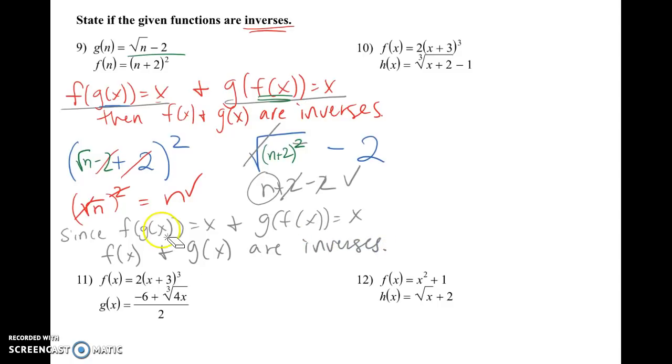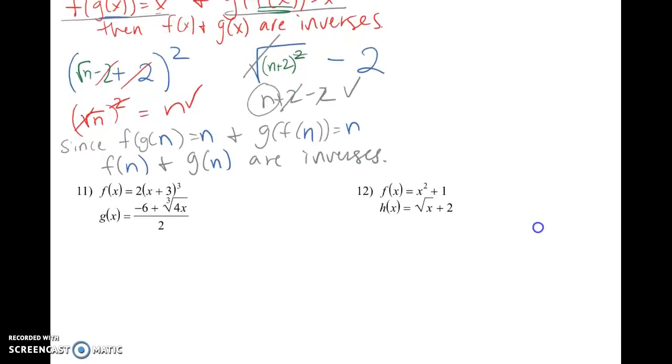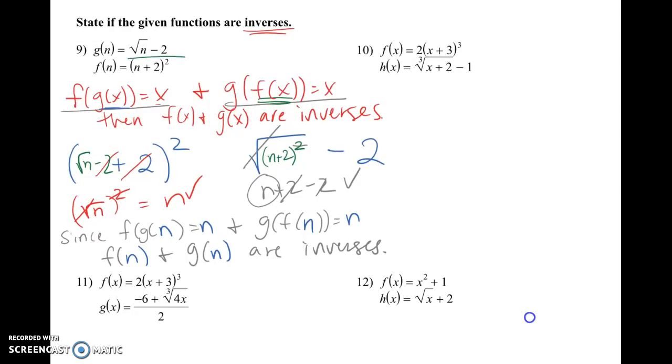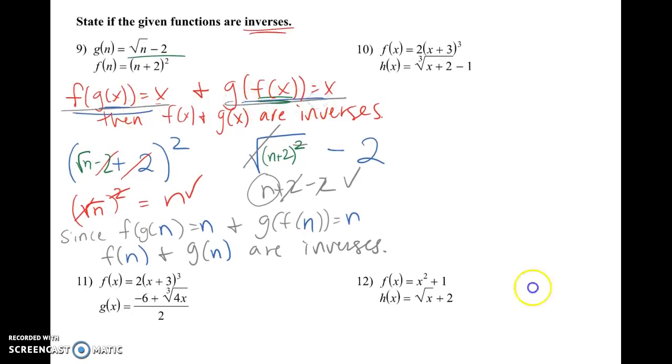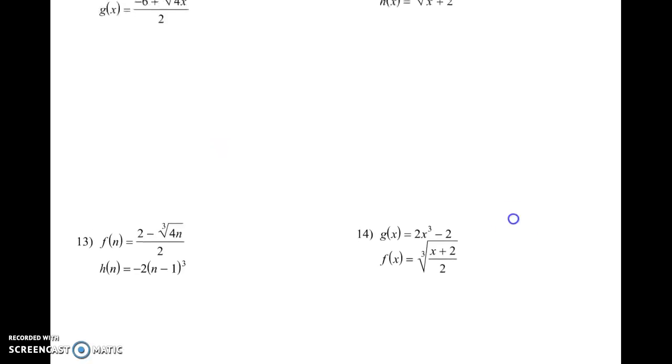And I guess maybe what we should have done here is instead of using these x's, we technically are talking about f and g of n, right? So let's go ahead and use n's instead. But they're just variables, so that's arbitrary. So there we go, and that's what you're going to do for all of these. You just have to test if this statement is true for each one of these.